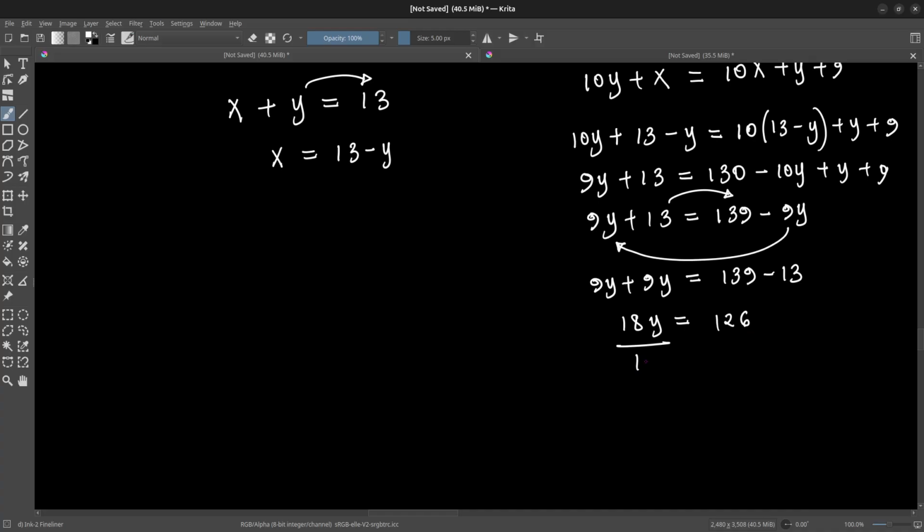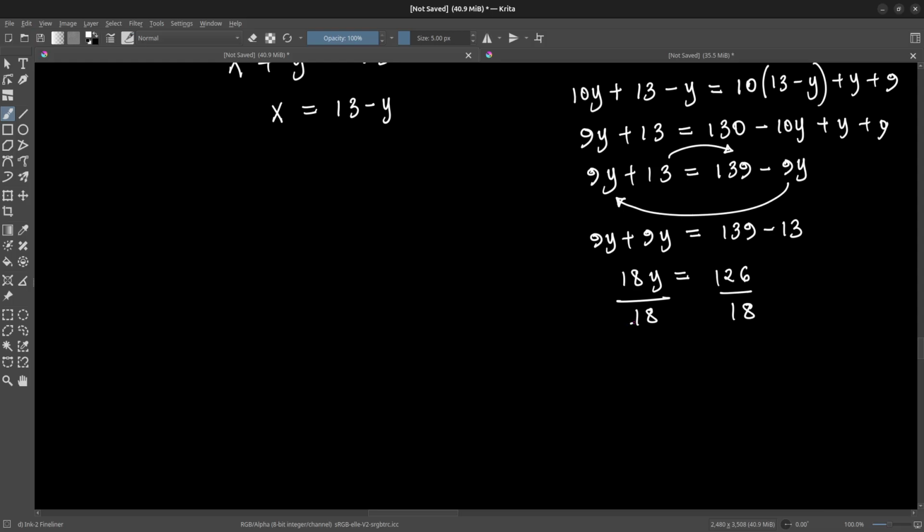Then we divide both sides by 18 so that we get the value of y. On the left side, we are left with y equals 126 divided by 18, which is 7. So the value of y is 7.